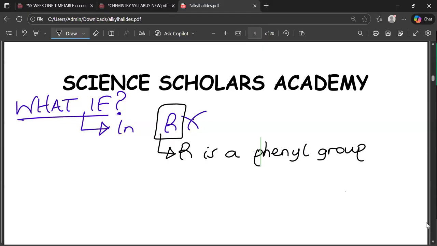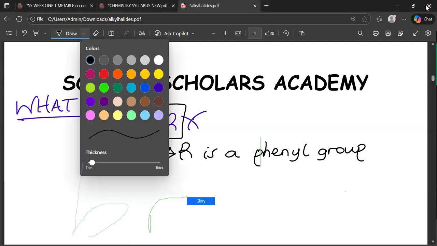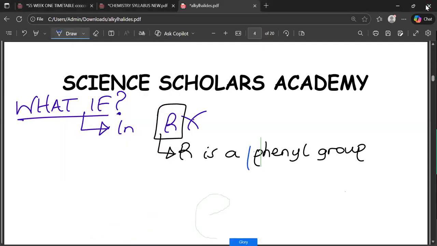Who can tell me what does a phenyl group mean? What do I mean by phenyl group? People have been talking of alkyl group and so on and so forth. But what if R is a phenyl group? Yes, Justus, what is that phenyl group? It is when it is attached to a benzene ring.